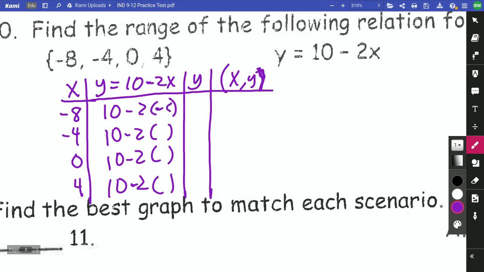And plug the number in: -8, -4, 0, and 4. Calculate each of those y's. Well, maybe we might as well do it. Hopefully I won't make a mistake because I'm going to be doing this quickly. 10 minus 2x. Okay, I think I'm doing it right so far. So that becomes 10 plus 16 there. 2 times 8, -16. So I think that's 26.